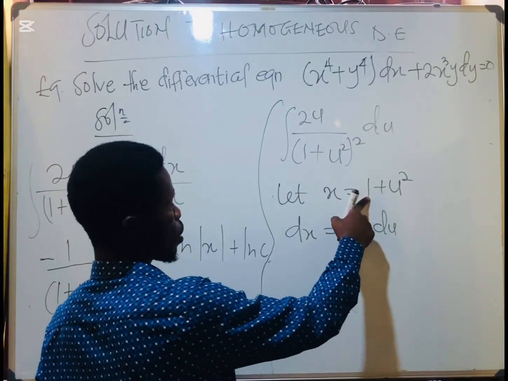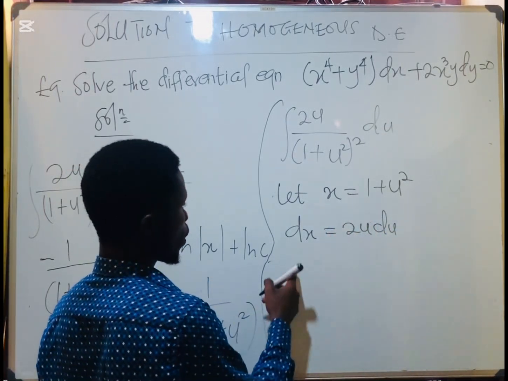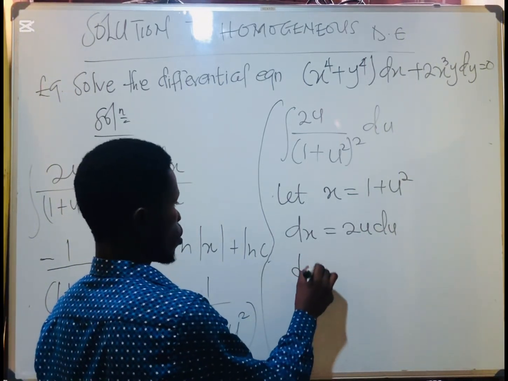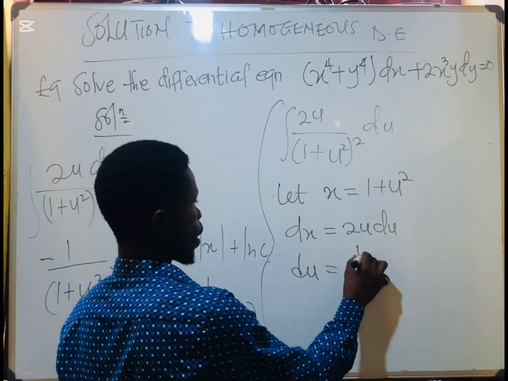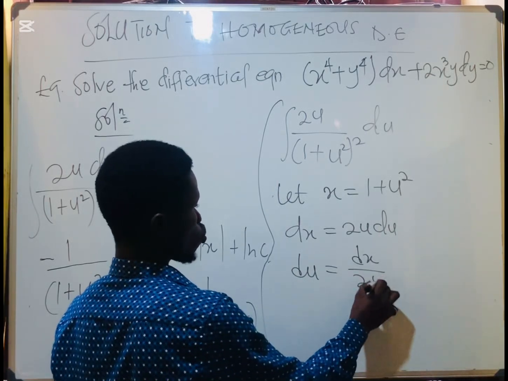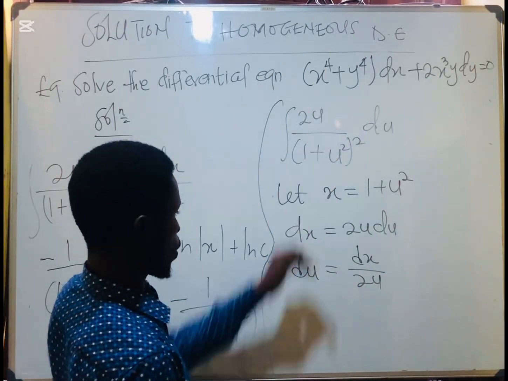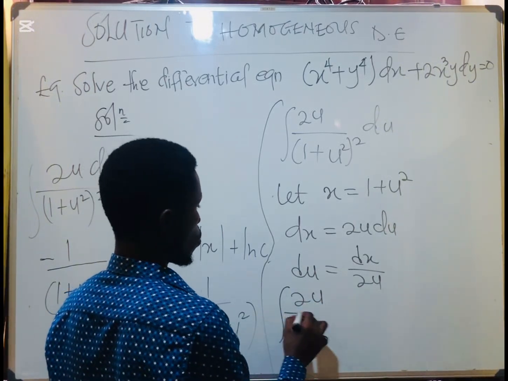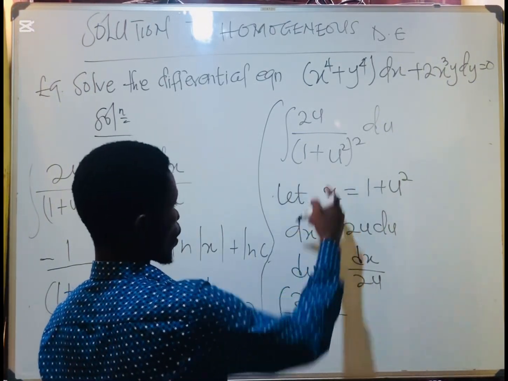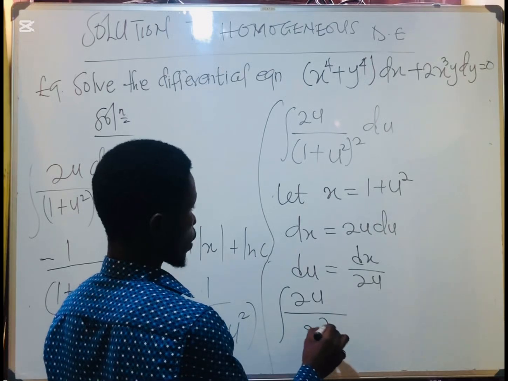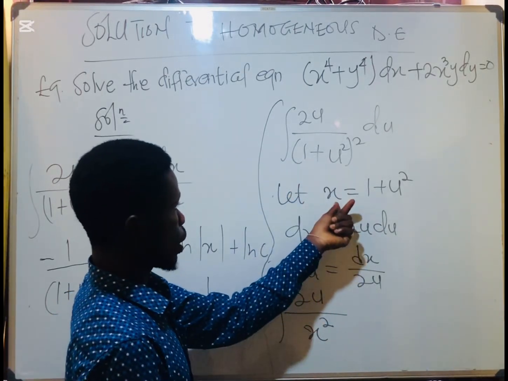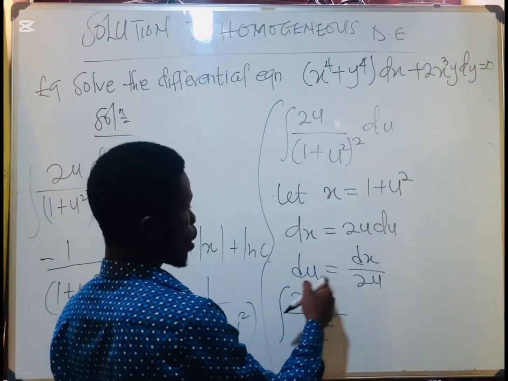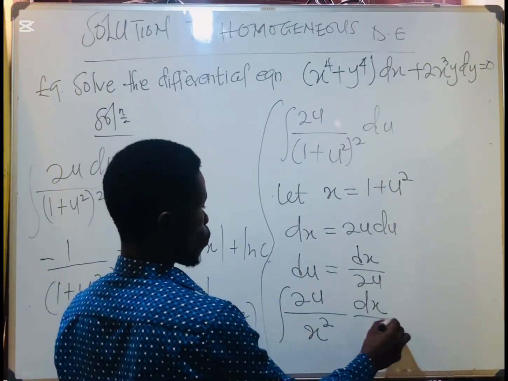Though that when you differentiate this one will give you 0. So now from here, we want to make du the subject. So I'm going to have du is equals to dx over 2u. So now let's come back to this place. Now what do we have here? We have 2u over, the whole of this one is now x, but there's a square there because you said that 1 plus u squared should be equals to x, and there's already square there. And this du is now dx over 2u.